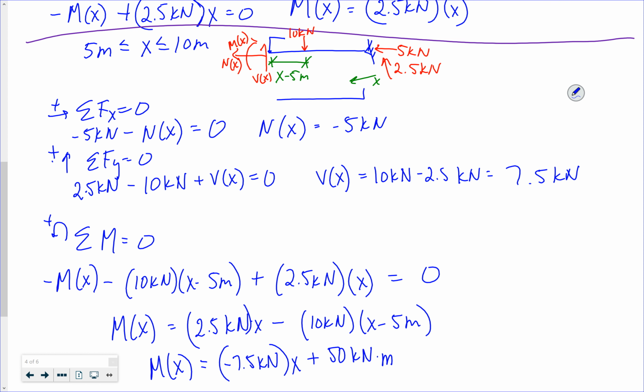So at x equal to 10, I have negative 25. That's wrong. I have a sign wrong somewhere.